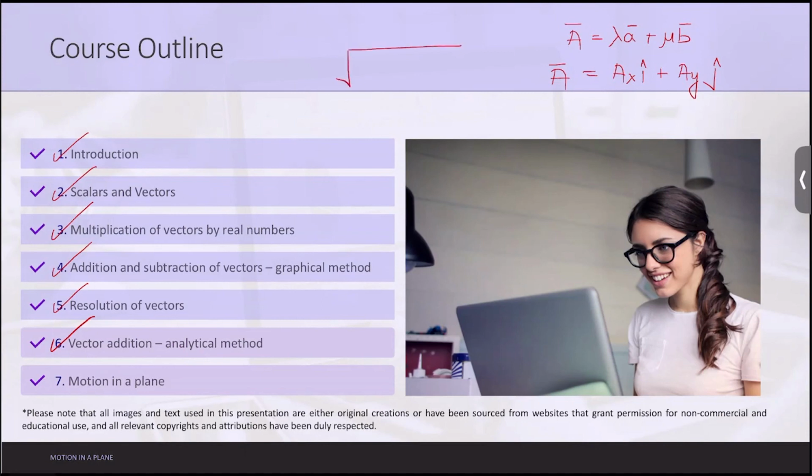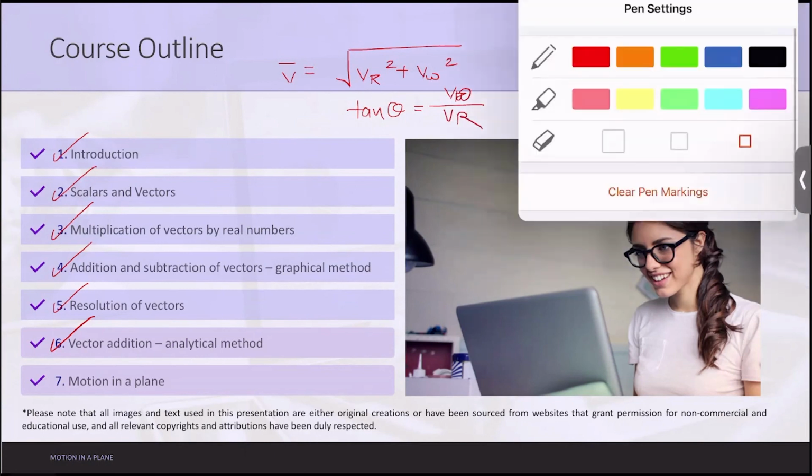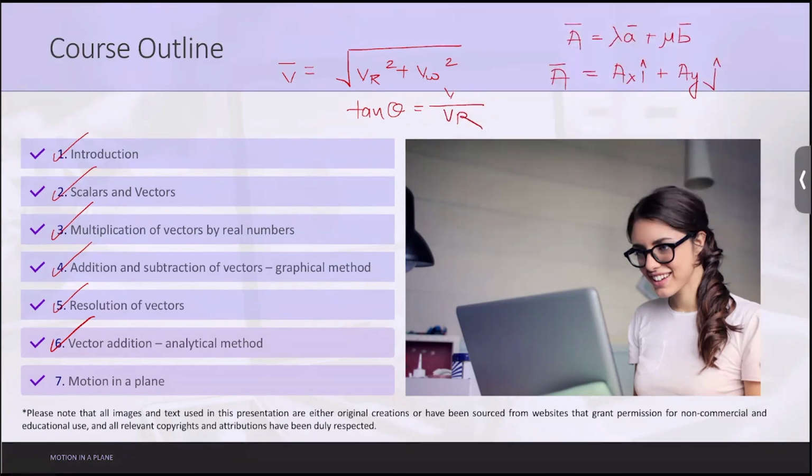In that question, we took the square root of vr square plus vw square. Similarly, for finding the value of tan theta, it was vw by vr, because the x axis is vw and the rainfall was in the y direction.